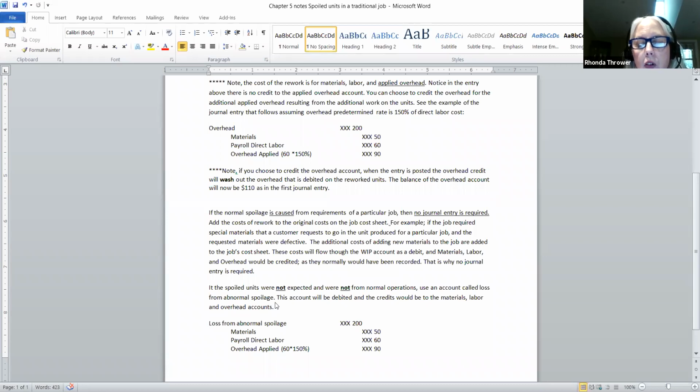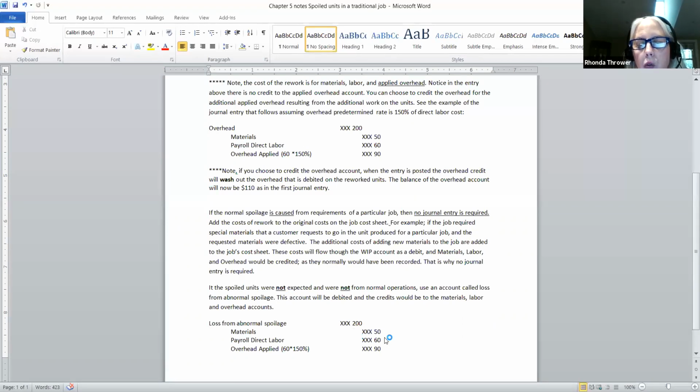So in the example from above, if these were spoiled units that were not expected, not a part of the normal operations, then we'll put it in the loss account. The total amount of the cost to the loss account would be debited for $200.